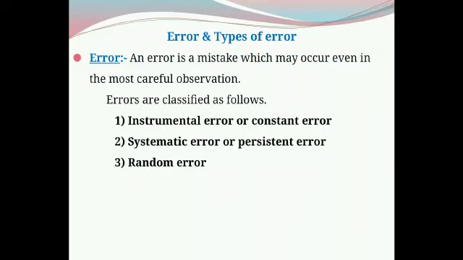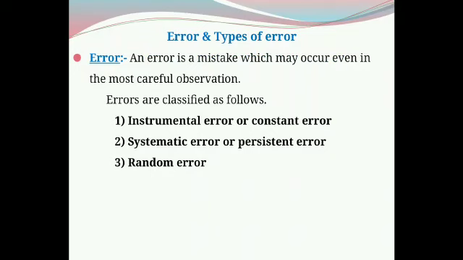As we know, error is a mistake which may occur even in the most careful observation. When we perform a number of experiments, we take a number of readings, but sometimes there may be an error, and these errors are due to defective setting of the experiment, a faulty instrument, or human limitations.